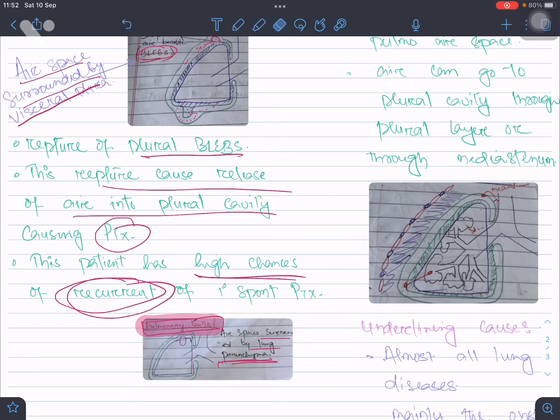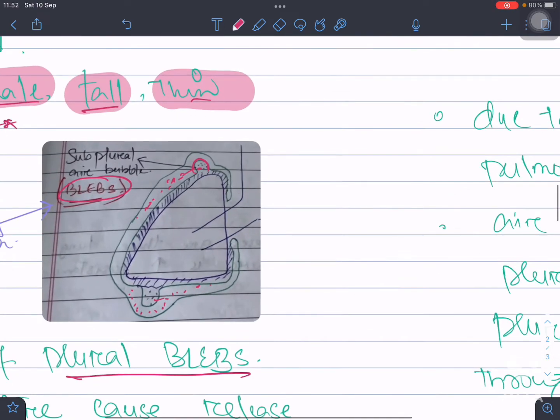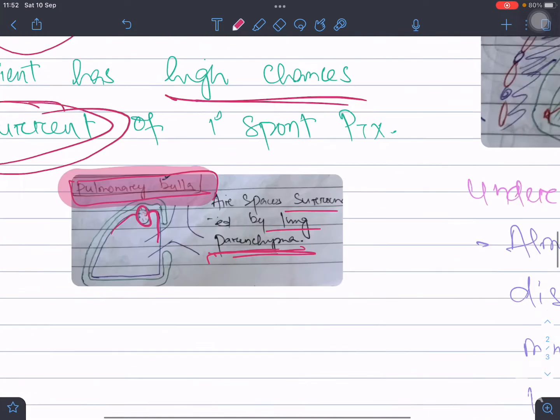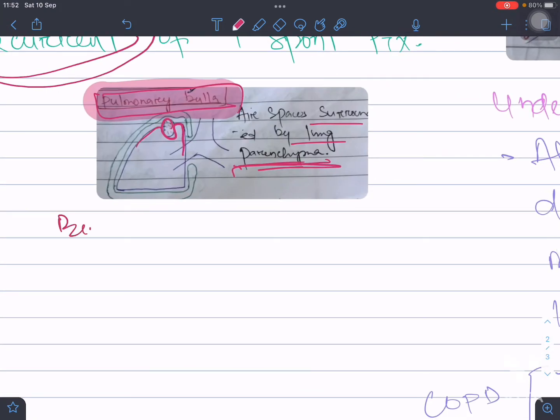Let me make it clear. See, it is surrounded by the lung parenchyma itself like this, but here in the bleb, it is not the lung parenchyma, but it is the visceral layer. Hope this explanation makes the difference between bulla and bleb clear: bulla versus bleb.